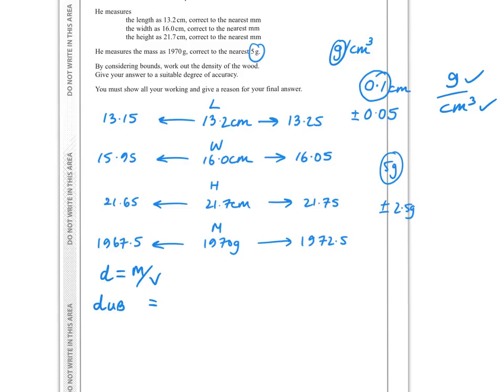Okay, so just think the top of the fraction is like cakes and the bottom of the fraction is like people. So to get the most cake, you want the most cake to start with and the least amount of people. So the top number has to be the biggest, which is 1972.5, and the bottom has to be, and put a bracket in your calculator when you do it, don't forget.